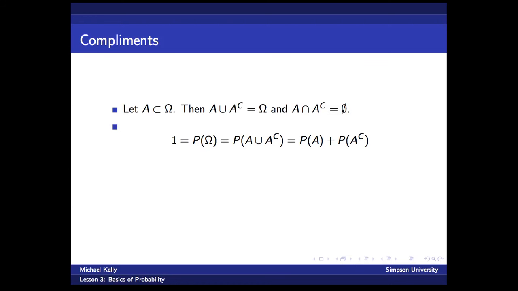Since that's two disjoint sets that are unioned together, we can change the union to a sum. So that equals the probability of A plus the probability of A complement, which gives us the identity that the probability of A complement is always 1 minus the probability of A.